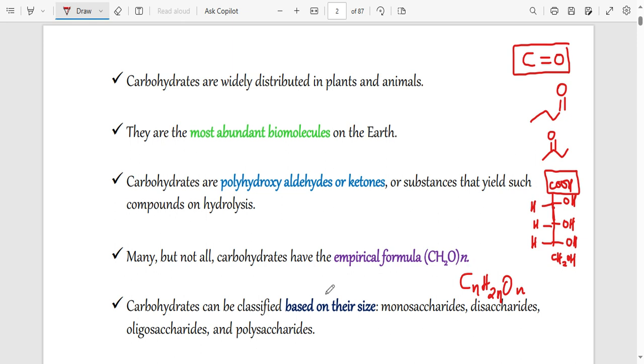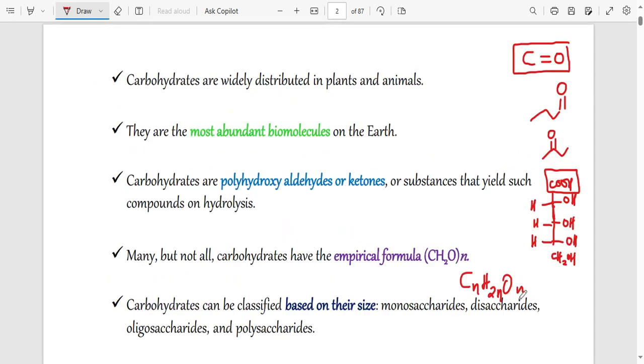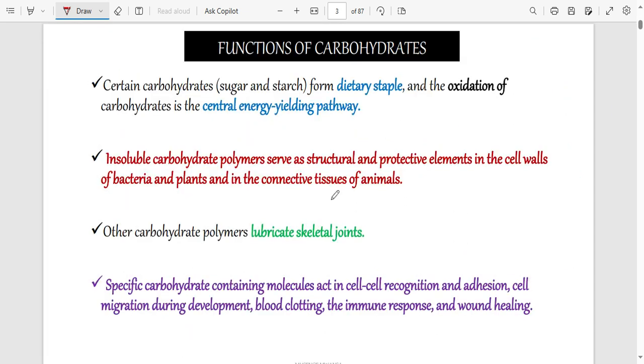Carbohydrates are classified based on their size. On size, you classify them as monosaccharides, disaccharides, oligosaccharides, or polysaccharides. Depending on their functional group, you can classify them as aldehydes or ketones. Now, what are the functions of carbohydrates?